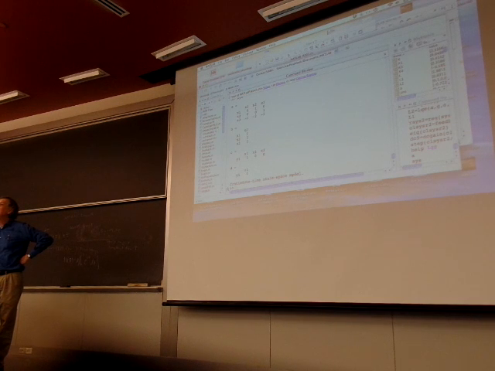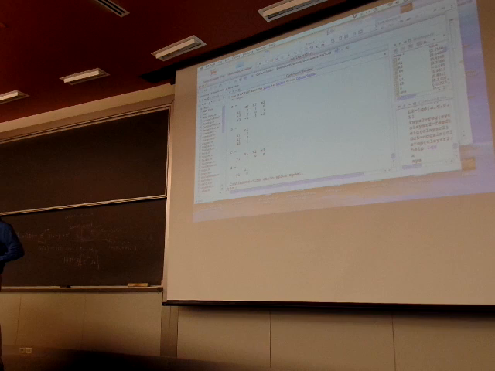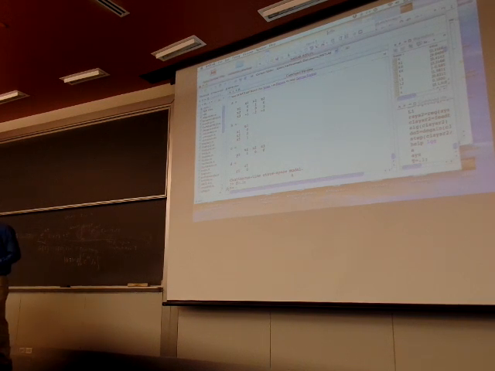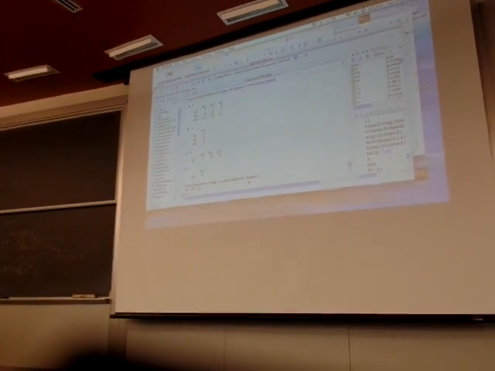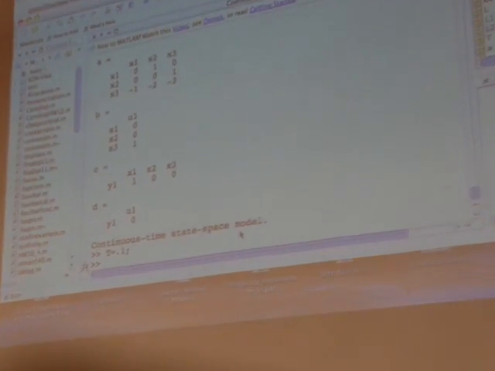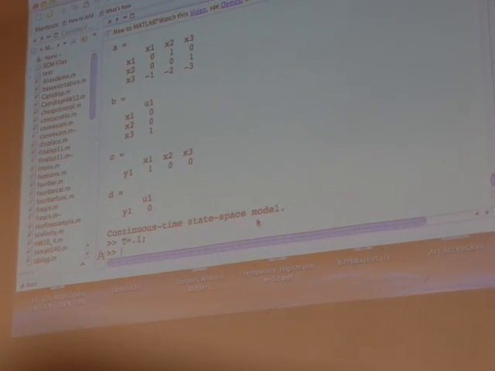e to the AT. Let's specify T. Let's make it T. That's important. So, what's the state transition matrix?